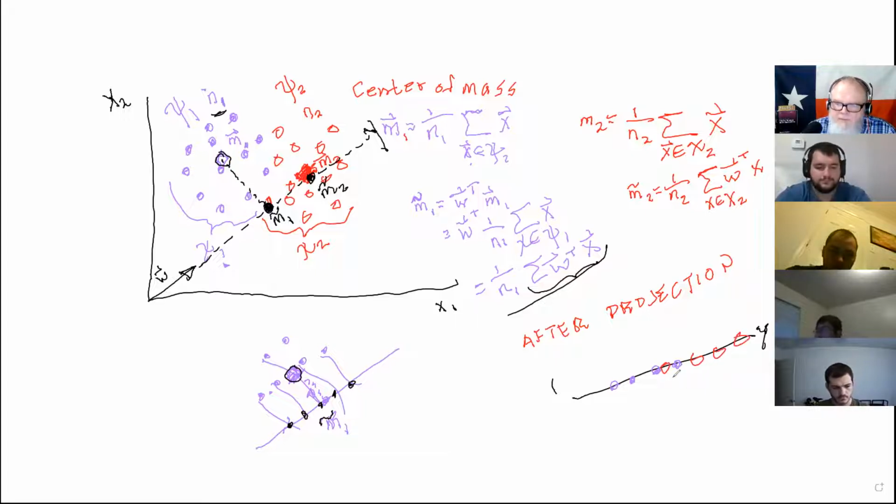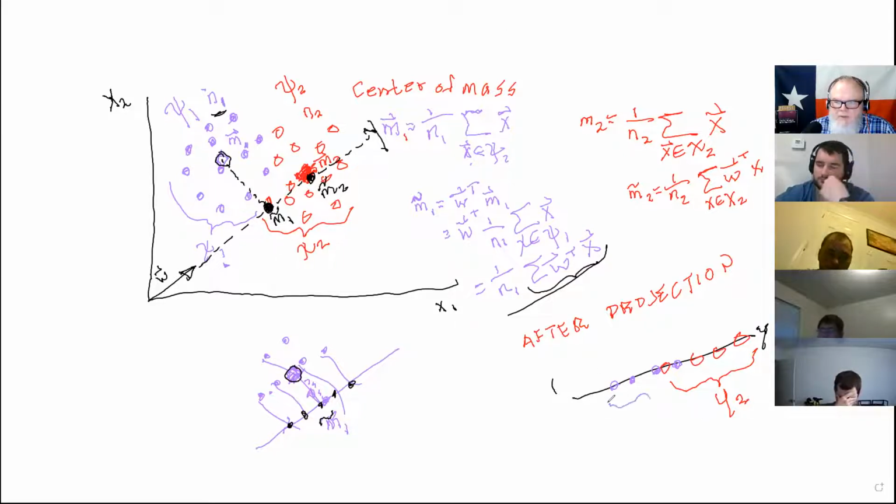And so we're going to give this the designation of being the set Y2. So Y2 is the projection of the psi2. And in a similar fashion down here, we're going to call these points, the purple points, Y1, just so we can talk of elements in the set. Does that make sense?